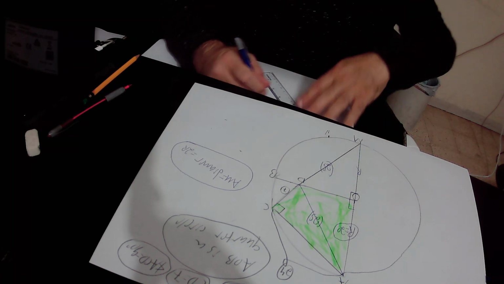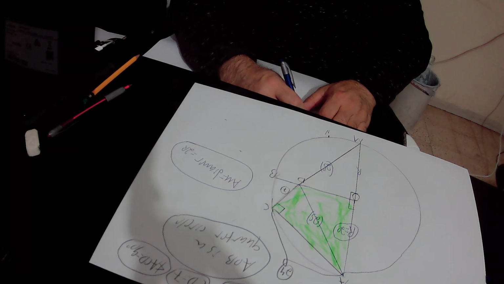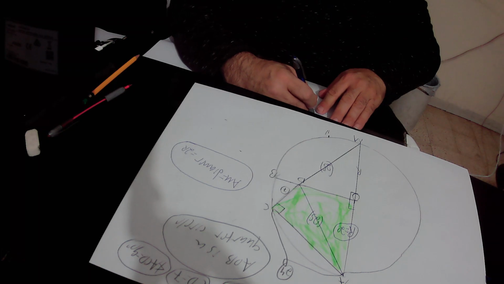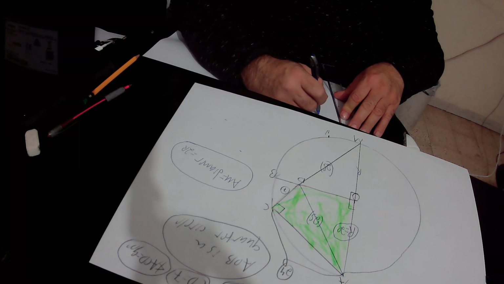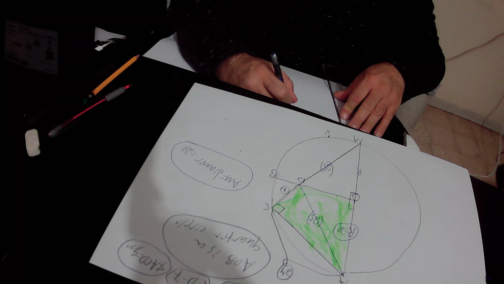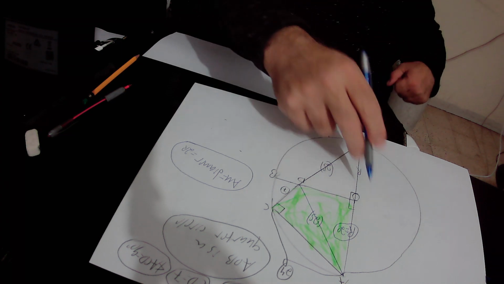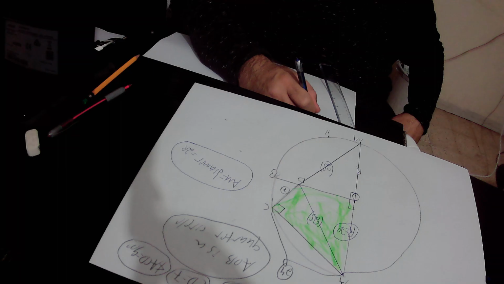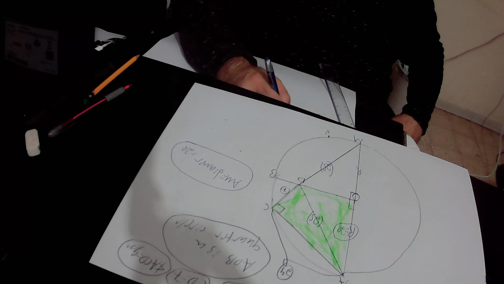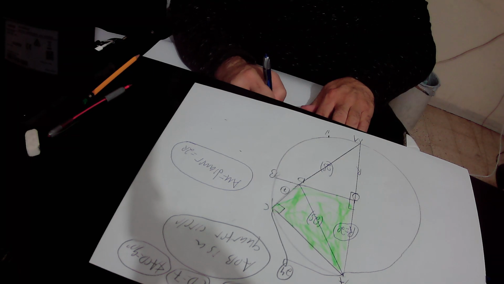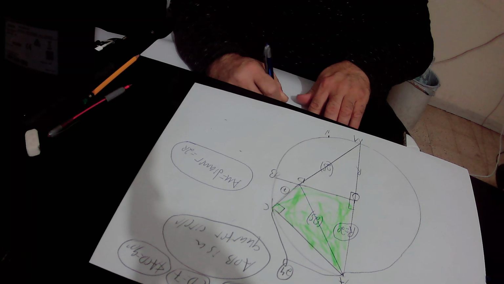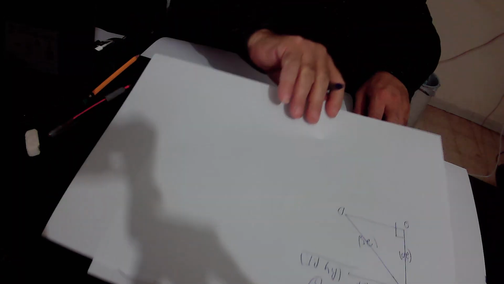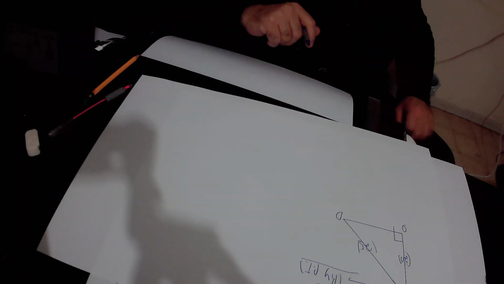AD equals 25, it's actually the hypotenuse of the right triangle AOD. AO is the radius of the circle, that is equal to 20 units. So this is the right triangle AOD that I copied from the original drawing.